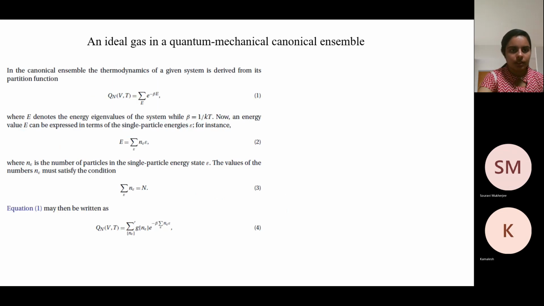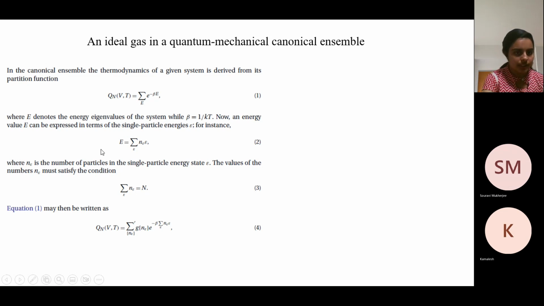Okay. So now that was for a microcanonical ensemble where the energy was fixed. Now what happens if you have a canonical ensemble? So there your Q is defined as, so Q here denotes the partition function. So that is given as sum over all values of energy e to the power minus beta E, right?